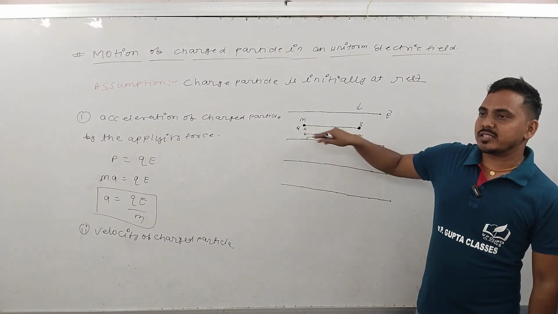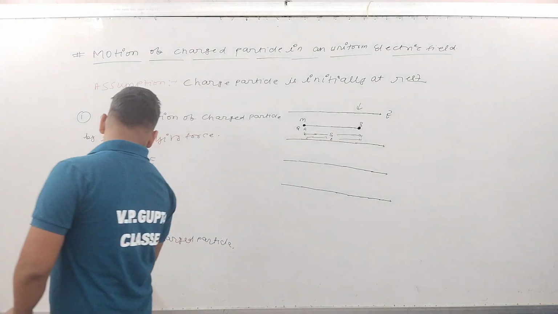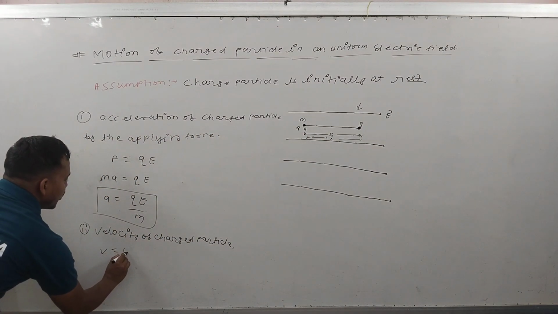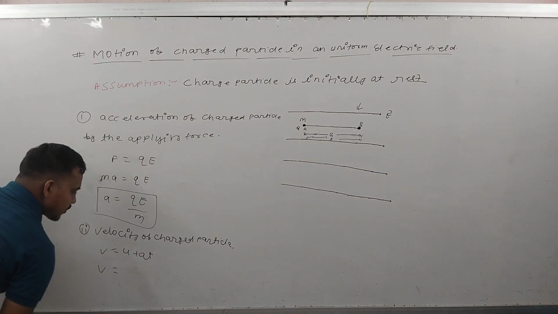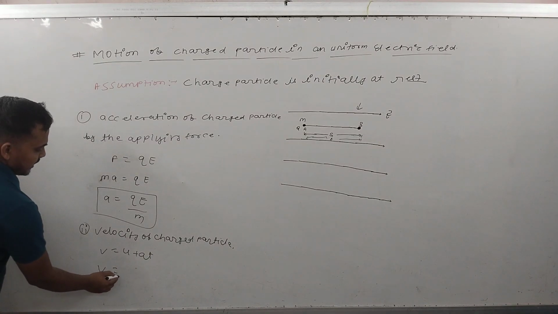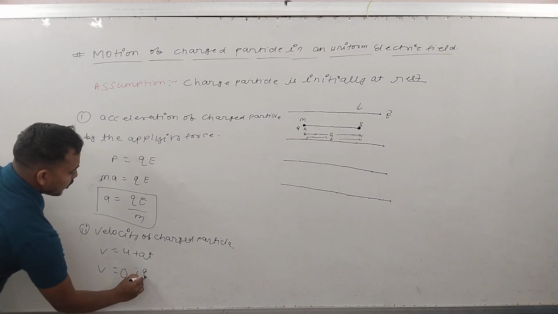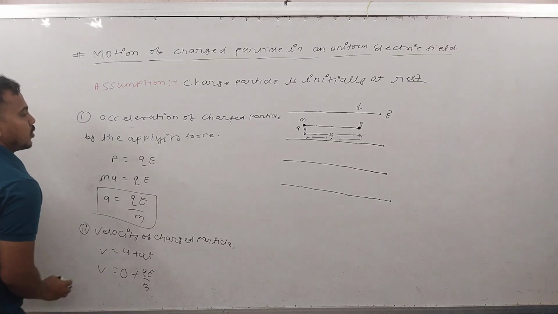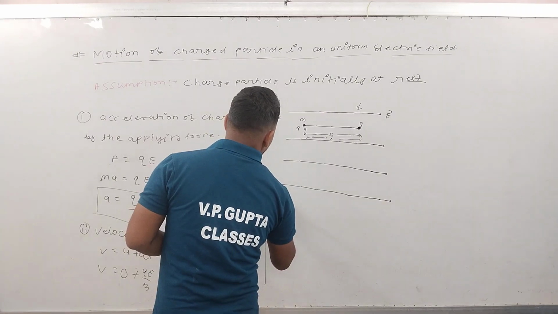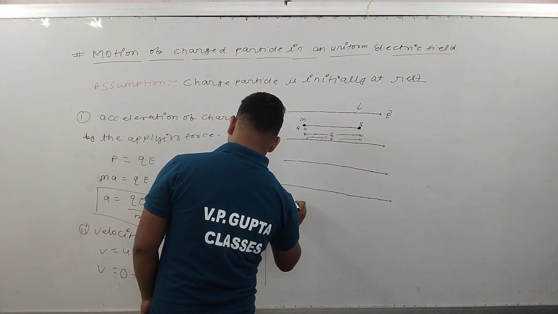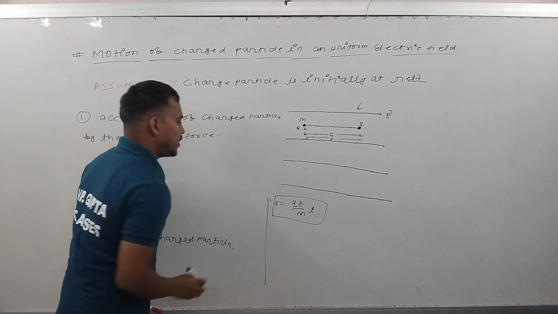This is motion in a straight line. So we apply the formula v is equal to u plus at. Now we know that initially the particle is at rest, so the initial velocity is 0 and acceleration is equal to qE by m. So the velocity of the charged particle is equal to qE by m into t, in terms of t.